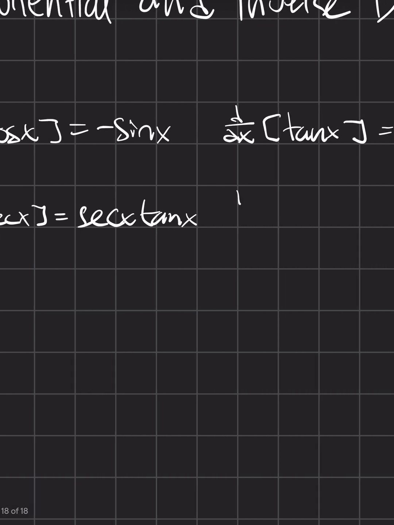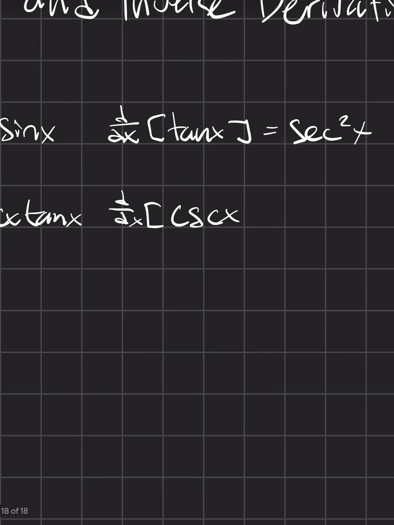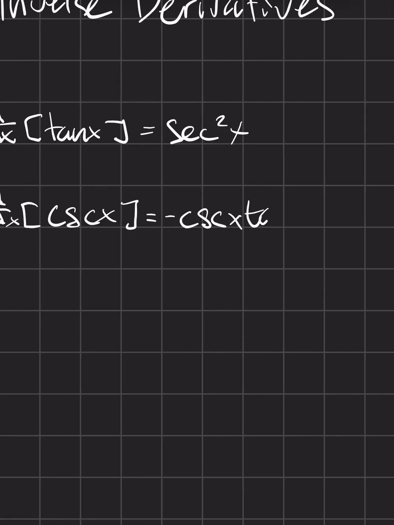And then finally, the derivative of cosecant of x is just going to be equal to negative cosecant x times cotangent x.